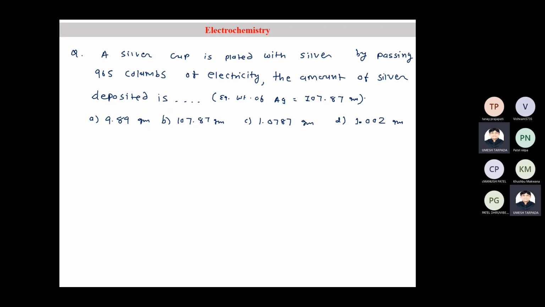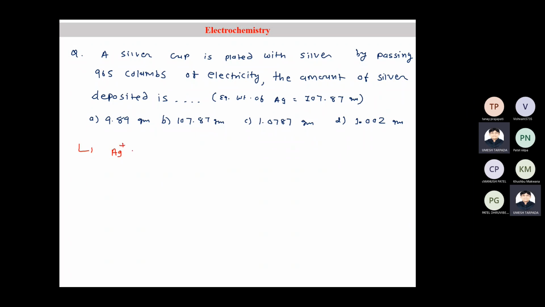What is the first step? Write down the reduction reaction. Okay, first write down the reduction. So silver is there. So silver is reduced to... Yes, first write down the reduction reaction.